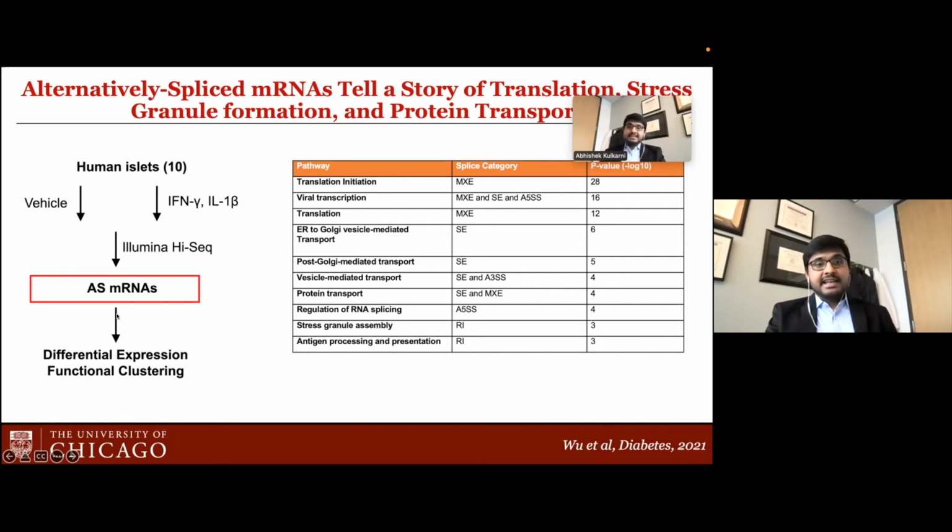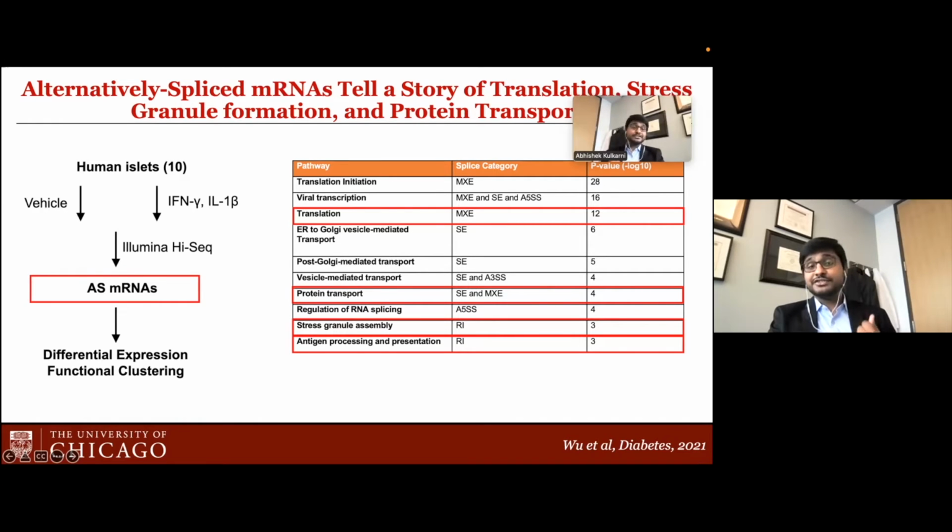And then they analyzed the alternatively spliced mRNAs. So after doing bioinformatic analysis, they listed down the pathways that were altered with this treatment. And some of the major pathways included translation, transport of the proteins, assembly of stress granules, as well as antigen processing and presentation. These all pathways are hallmarks of activation of integrated stress response.